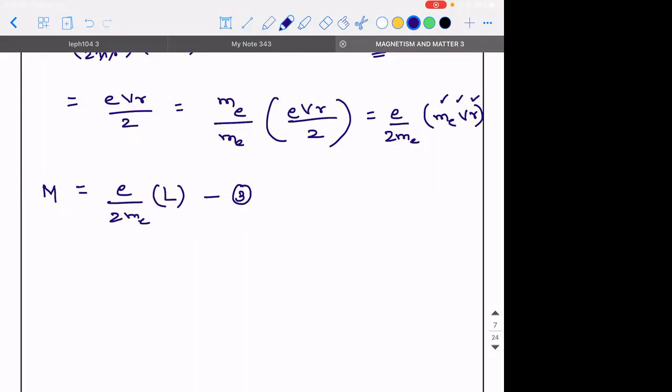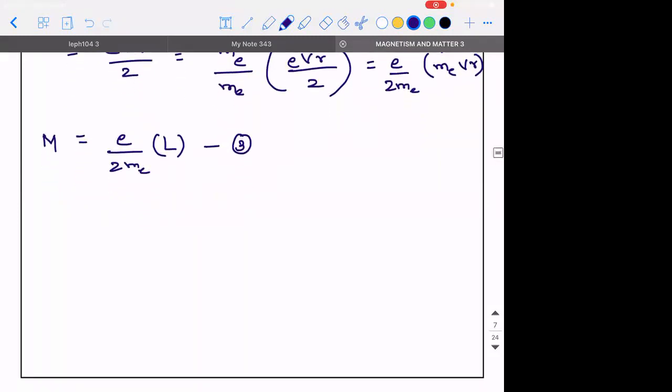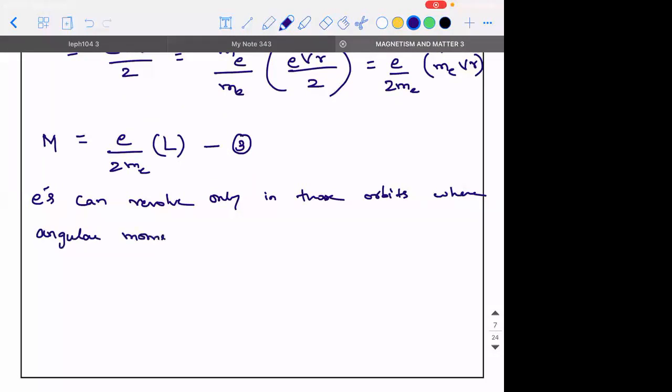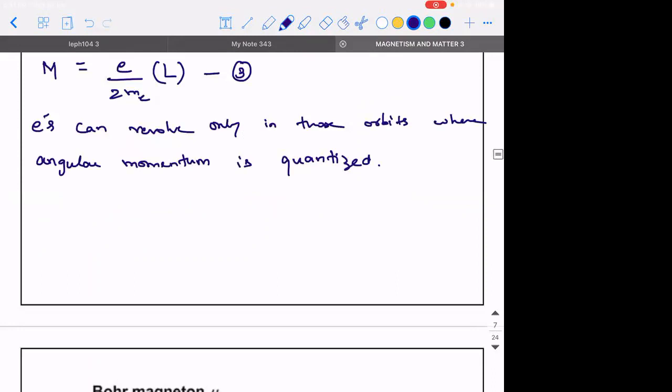Have you heard this? Only in those orbits where angular momentum is quantized. And the value of angular momentum is like this.